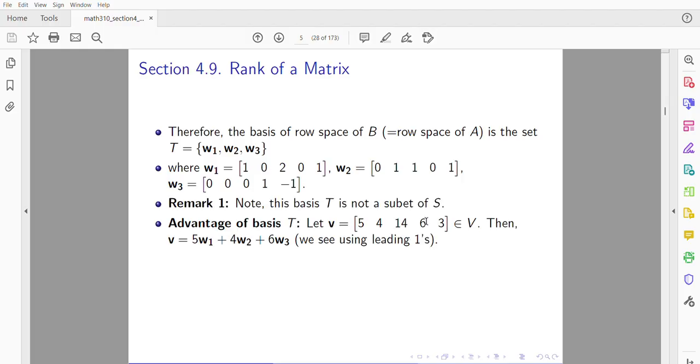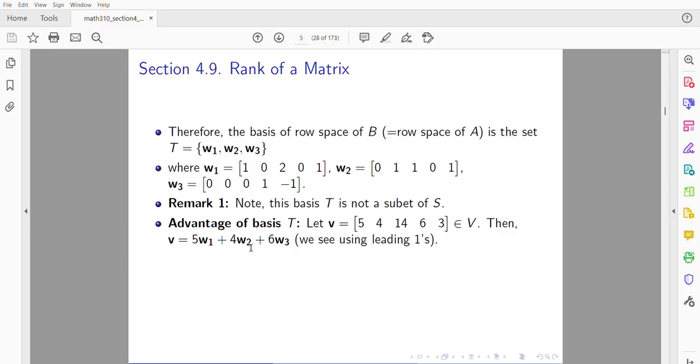But what is an advantage of this basis? Take any vector V from the row space: 5, 4, 14, 6, 3. Now notice this 5 is from the leading one, so you can say 5W1. After that, this 4 comes from W2, so 4W2.